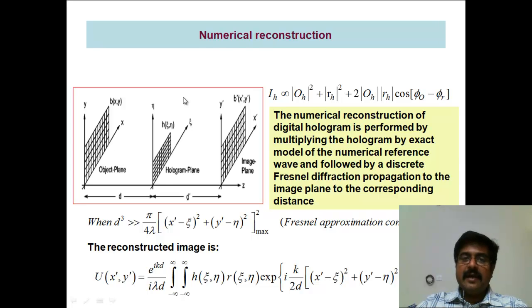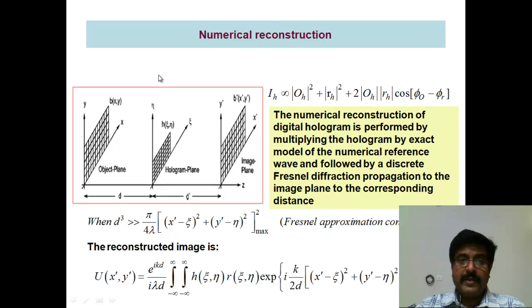Now let's see how the numerical reconstruction of a digital hologram is done. For this, I begin with the formation of the digital hologram.